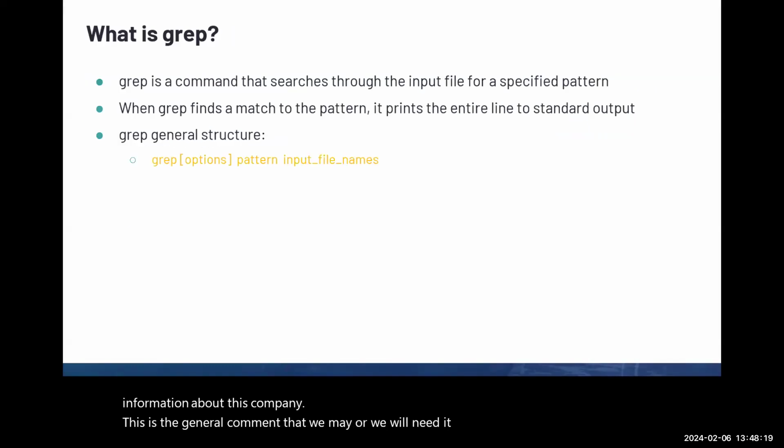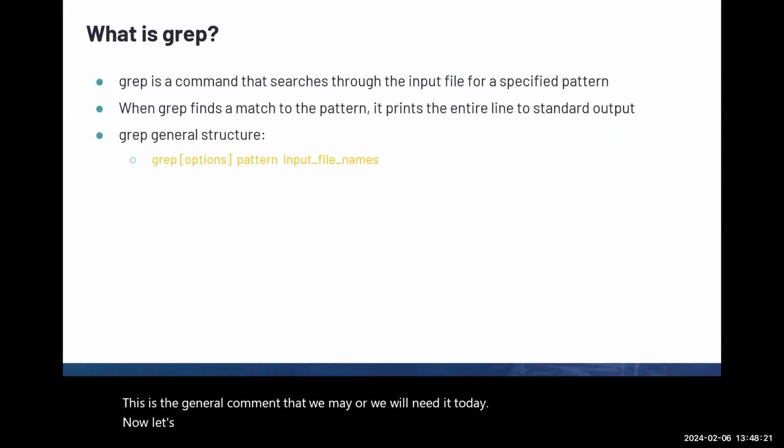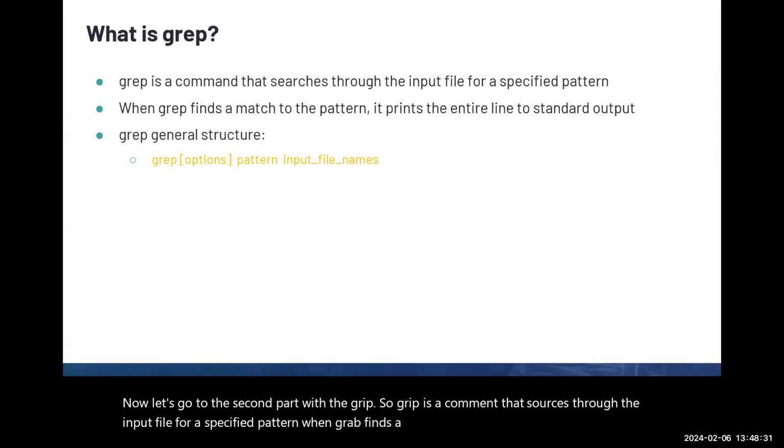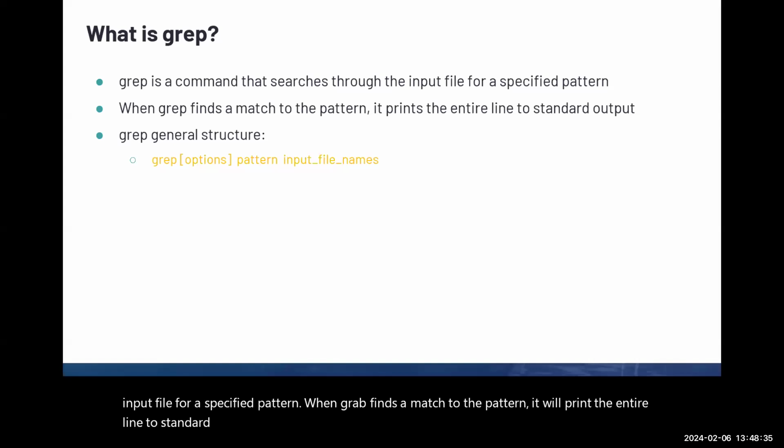Now, let's go to the second part, which is grep. Grep is a command that searches through the input file for a specified pattern. When grep finds a match to the pattern, it will print the entire line to standard output. So the general structure for the command is grep, then we specify any options, such as I, V, L, C, which we will see.